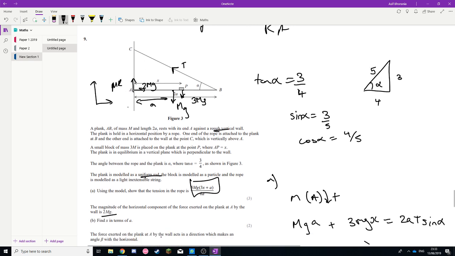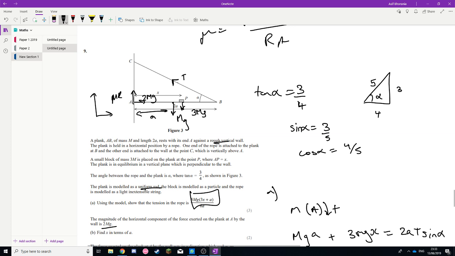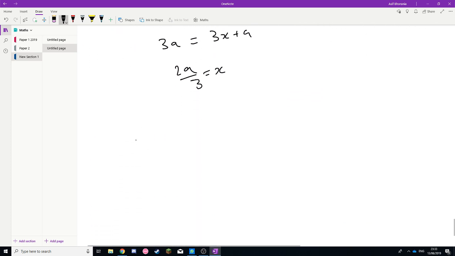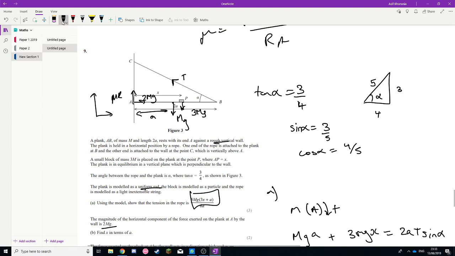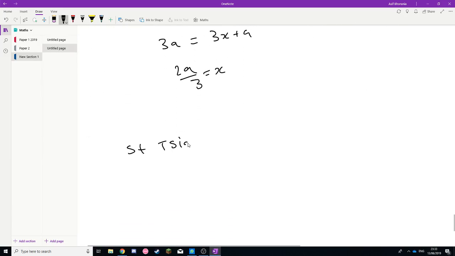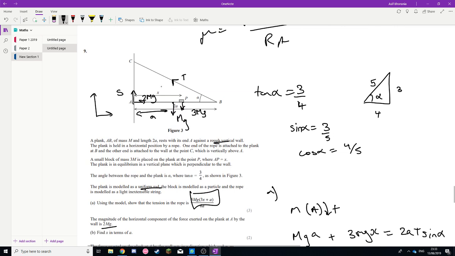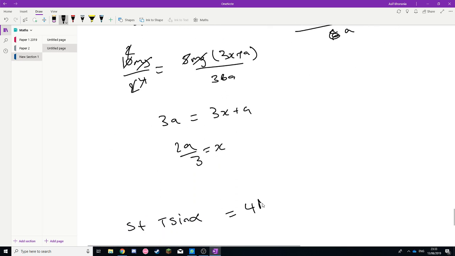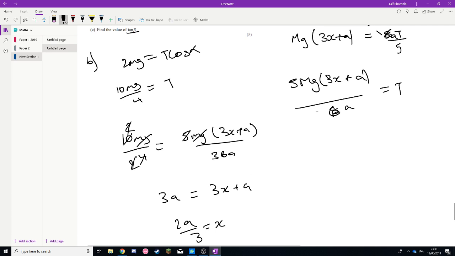Let's just call that a different force, let's call that force S. So now I'm going to say S plus T sine alpha is equal to 4mg, where T is this expression and x is this expression.